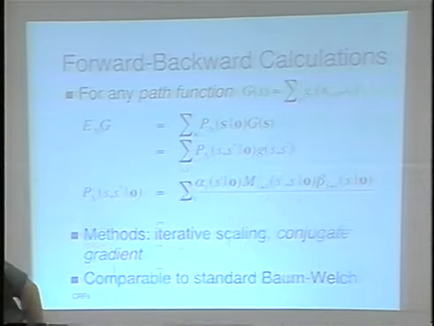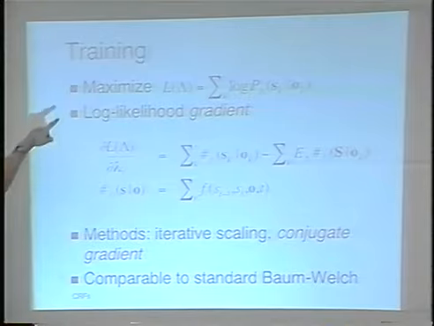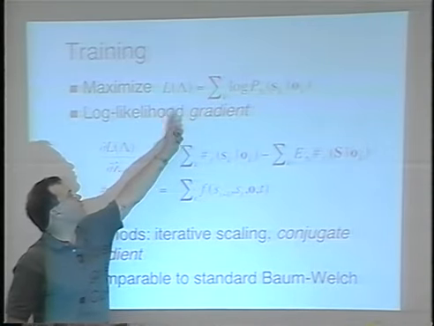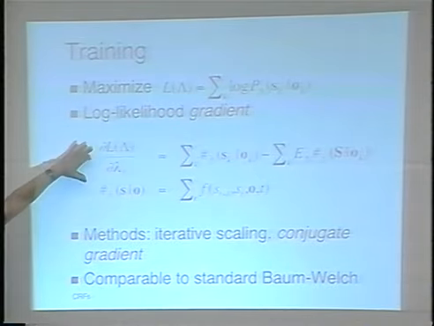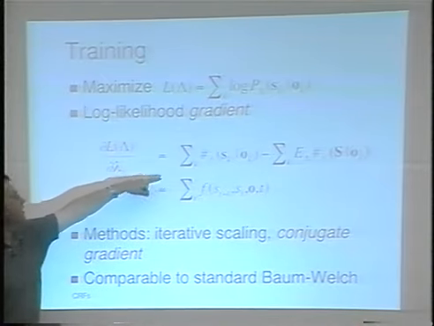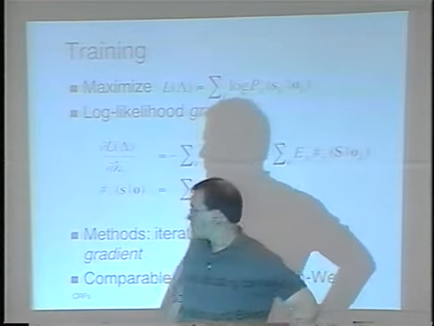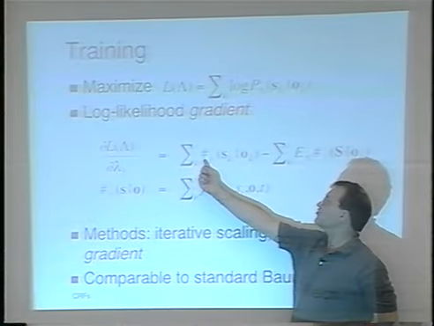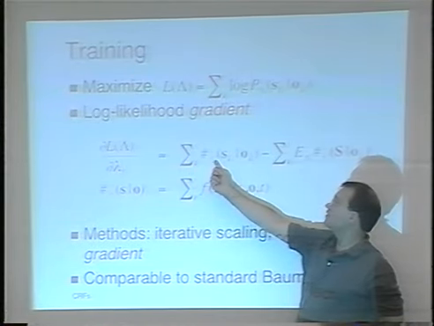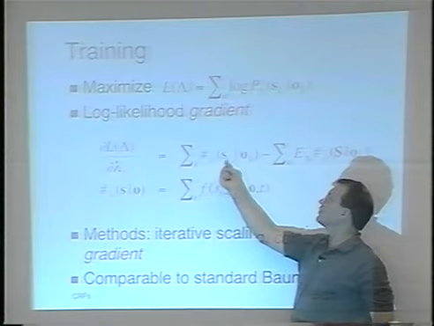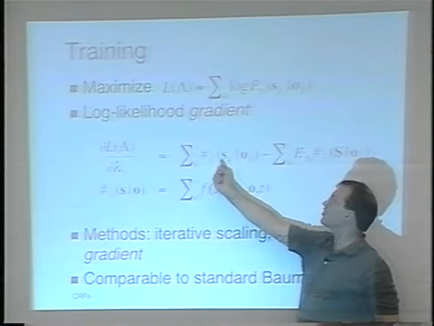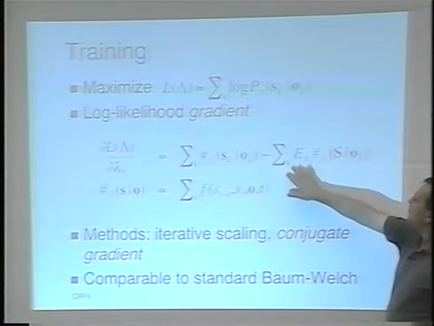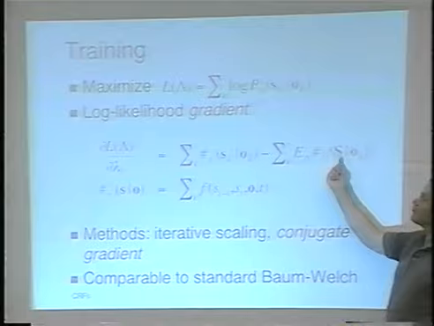So for training, if we're going to maximize the log likelihood of some training data, where K ranges over the training instances, the gradient of the log likelihood has this very nice form. It's the sum over all training instances of the count of each feature in each instance, minus the expectation of the feature over the training instances.